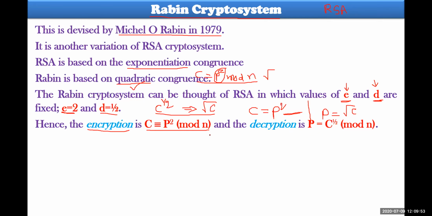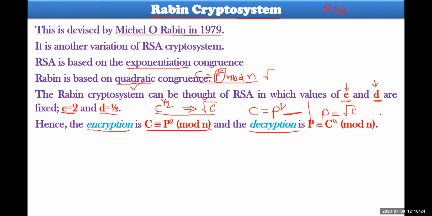So P, capital P in the sense of plaintext: C is congruent to P square modulo n for encryption, whereas in decryption, while getting back the plaintext from the ciphertext, you take P congruent to C power 1 by 2 modulo n.